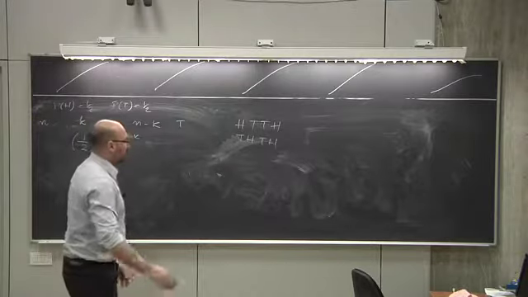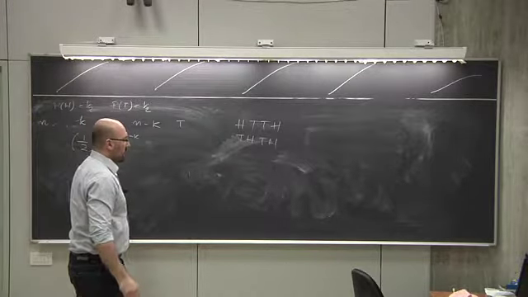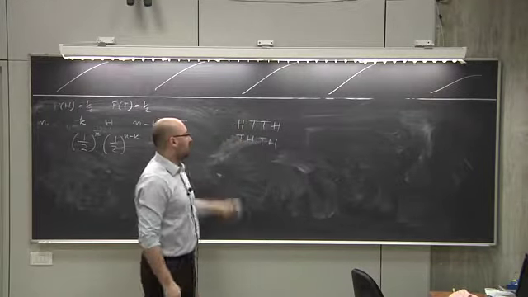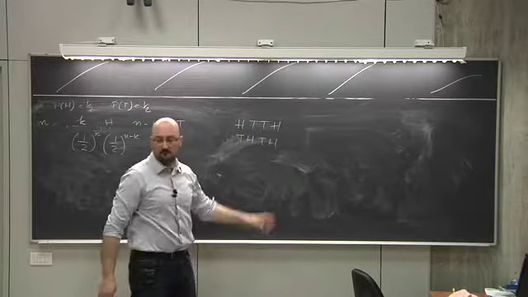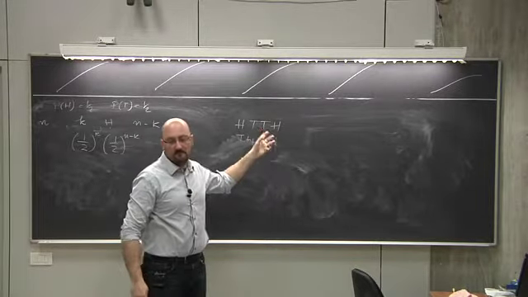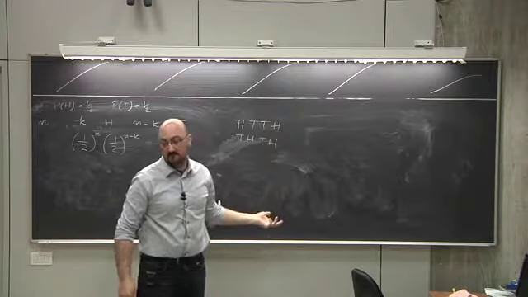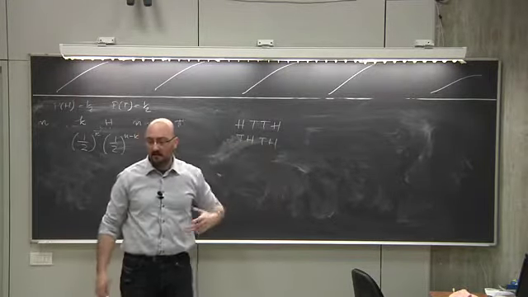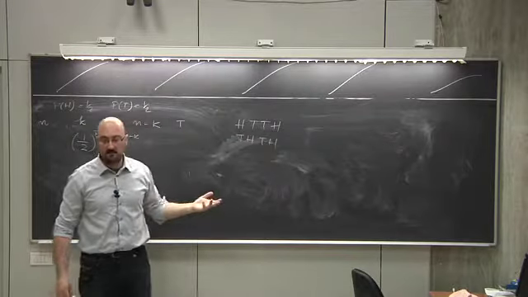So first of all, I can permute all the objects. I have 4 objects. I can permute them in as many ways as I can, and the result will not change because I'm only asking how many heads there are and how many tails there are.